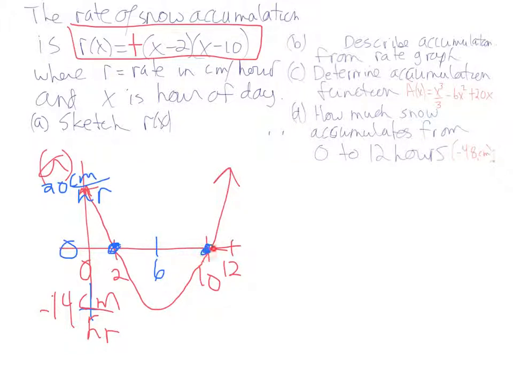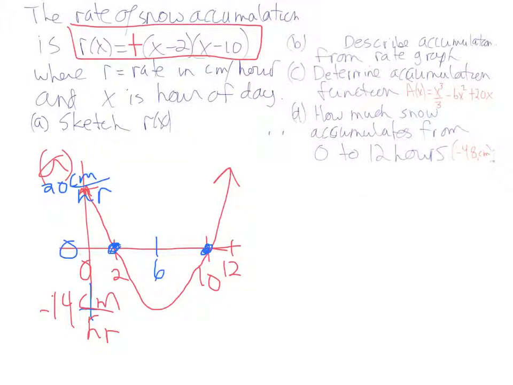Then eventually it gets to another x-intercept of the rate function, and it stops melting and switches over to snowing, and the snow will start to accumulate again at a faster and faster rate. So that's what we did there, part B: describe accumulation from the rate on the graph.